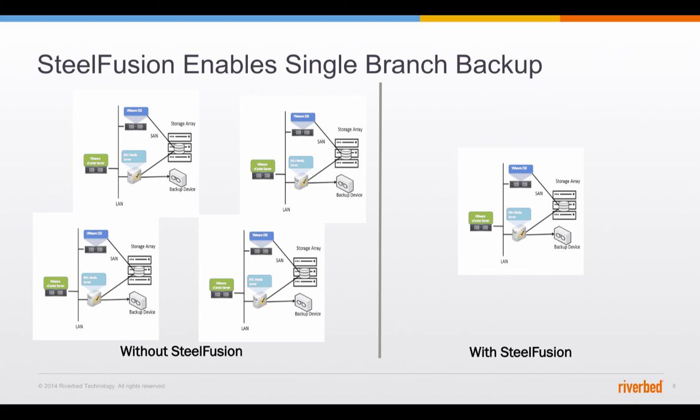SteelFusion allows you to use the same backup software, same storage array, and the same existing backup architecture. We've just gone through how long it takes to do a restore. There's an obvious contrast. So let's go back to the 30 gigabyte VM example. Over a 3 megabit link with SteelFusion, 15 minutes. Without SteelFusion, over 22 hours. Which would you rather have?